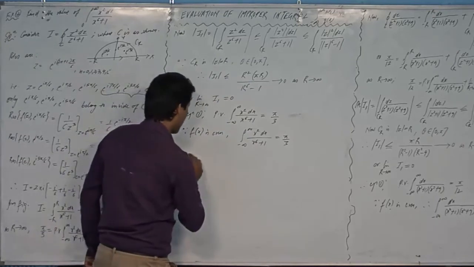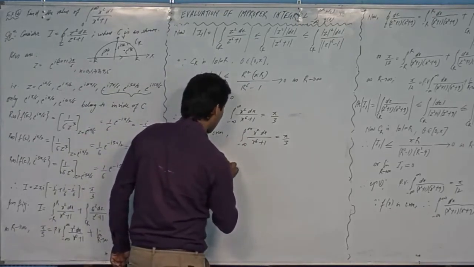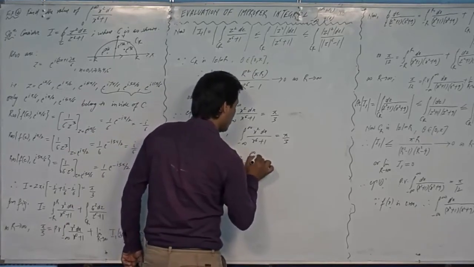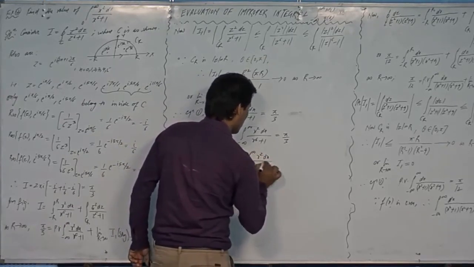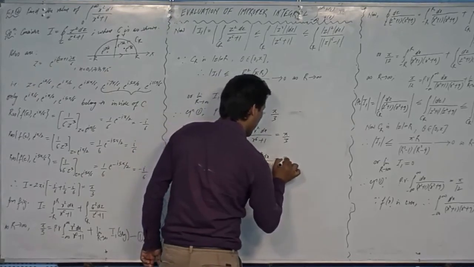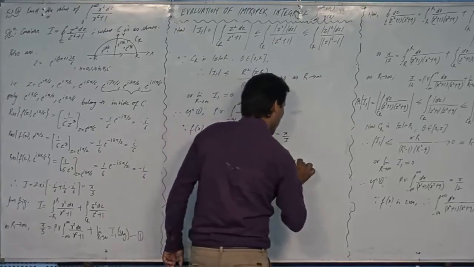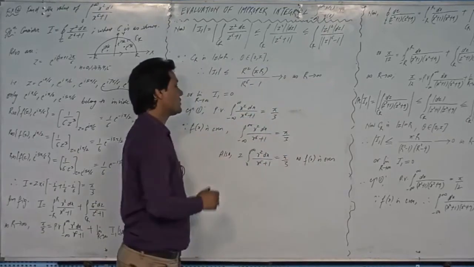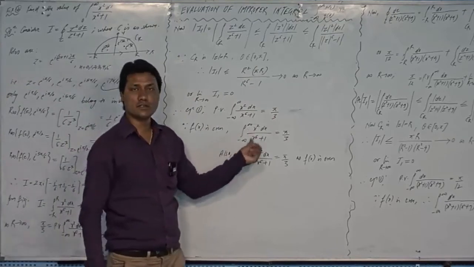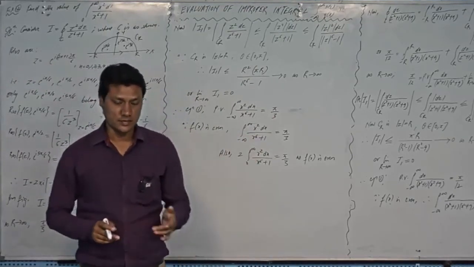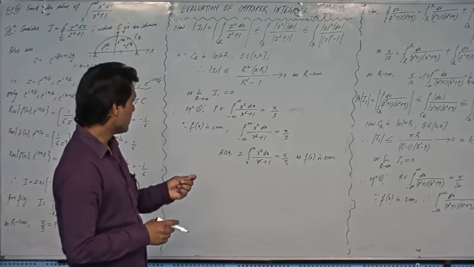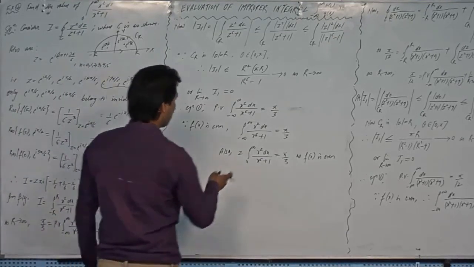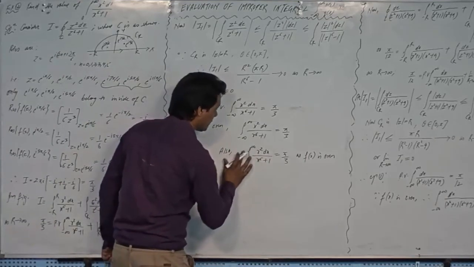Now again, since f(x) is even, we can also write twice the integral from 0 to infinity of x square dx over x to the power 6 plus 1 equal to pi by 3, right? As f(x) is even, using the same property, when the limits are minus a to a, the integral of f(x) dx can be written as twice the integral from 0 to a of f(x) dx, right? So ultimately bringing this to here, I will get pi by 6.